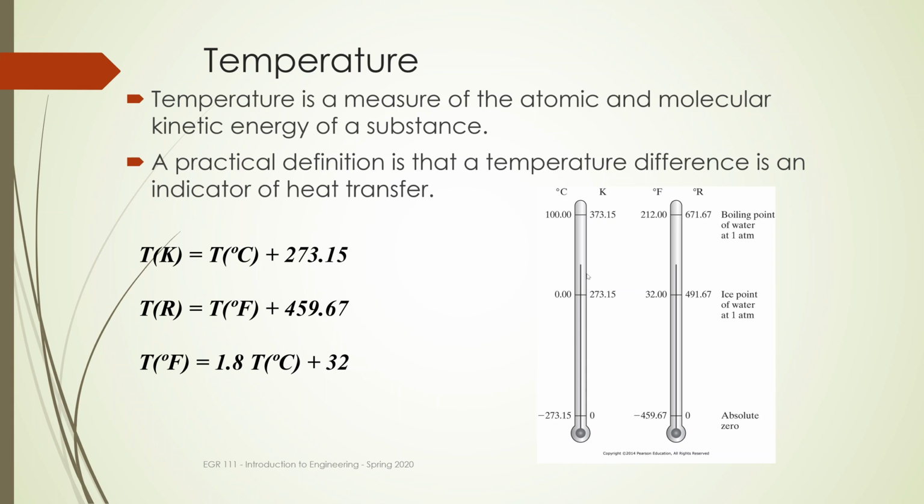But the deltas are the same, the values of the changes are the same. We have the same analogy with Fahrenheit and Rankine. The relationships between the different temperature scales you can easily calculate by using different forms of these three formulas, which we'll look at. All right, so that's good for now.